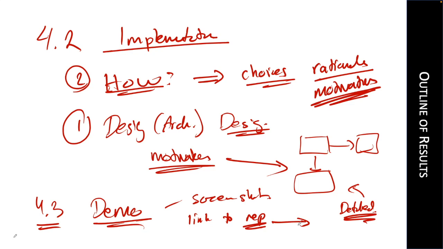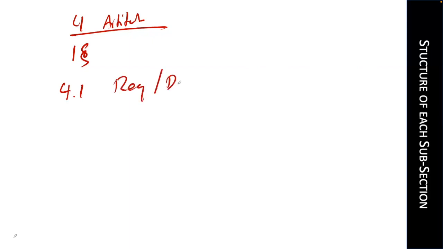So just to make a very brief summary, what we're talking about is that you have your artifact. First is the introductory paragraph. Then 4.1 is the requirements or the definitions.